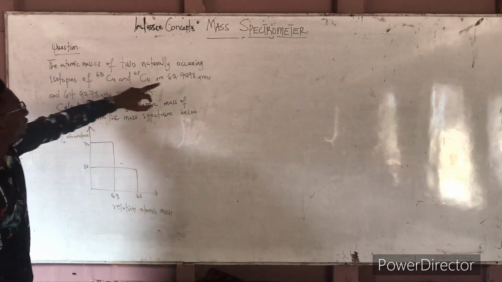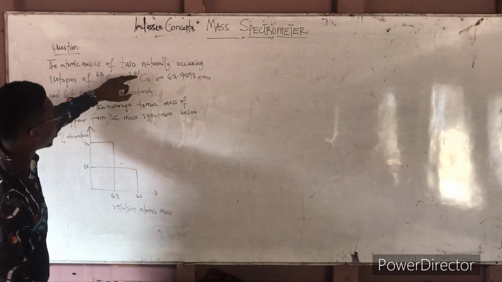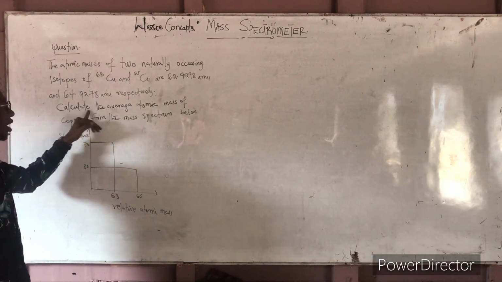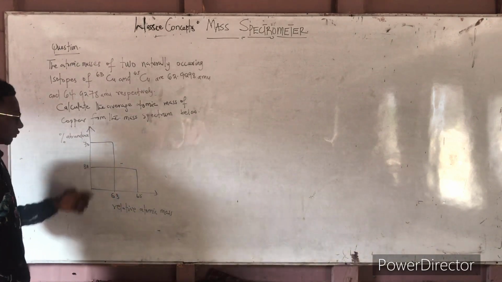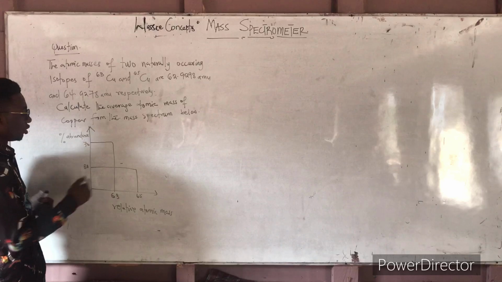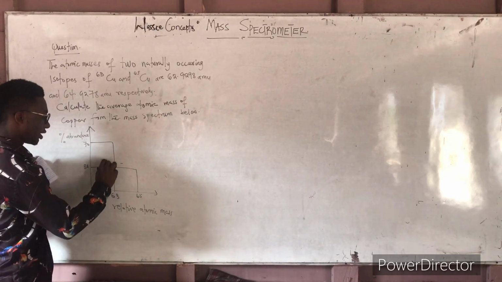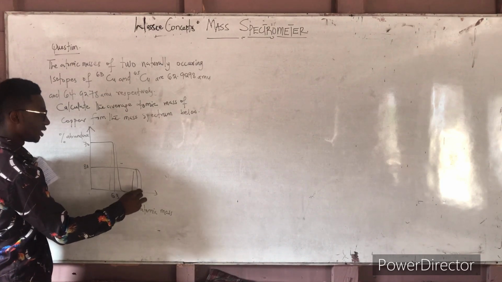So 62.9298 goes for 63 and 64.9278 goes for 65. It says calculate the average atomic mass of copper from the mass spectrum below. From this mass spectrum, the drawing on the machine will have been something like this.